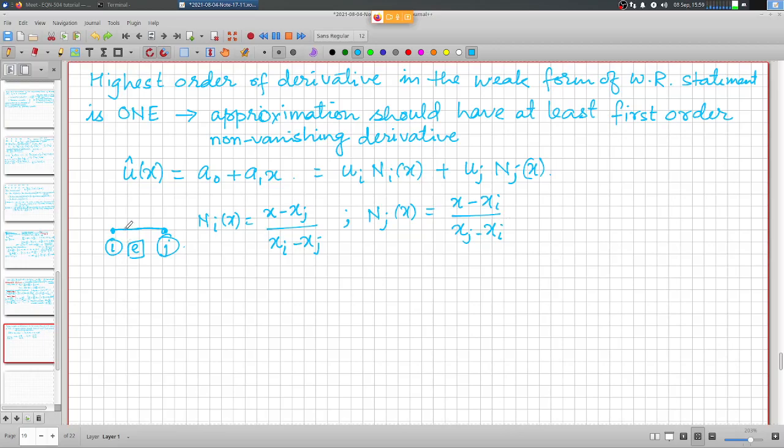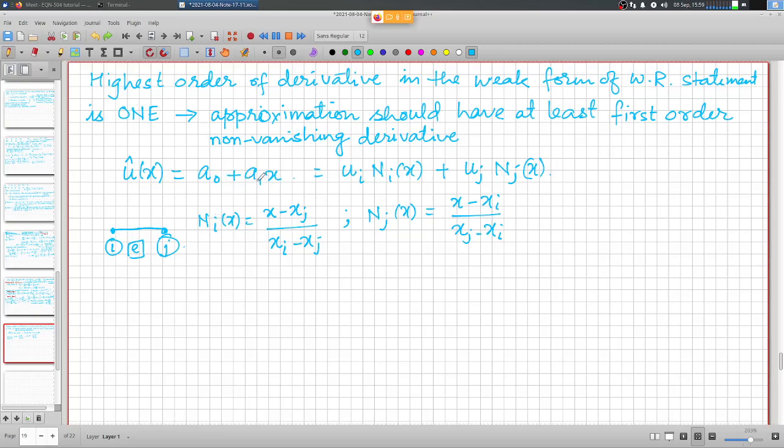So if you look at it, these are both first degree polynomials. So a linear combination of them is also going to be a first degree polynomial, and this is the standard form of that polynomial.